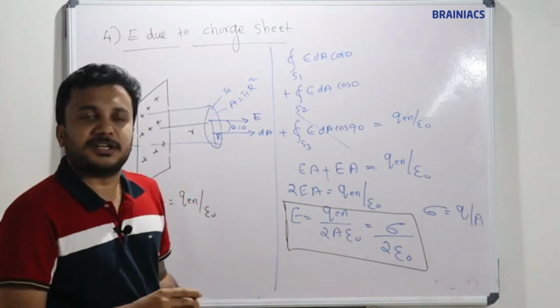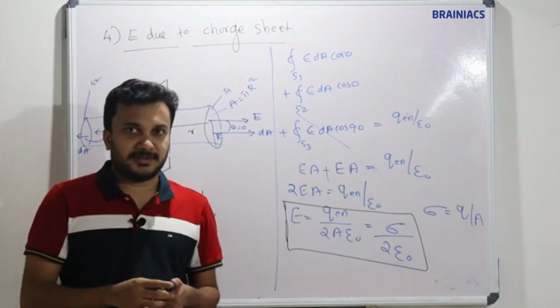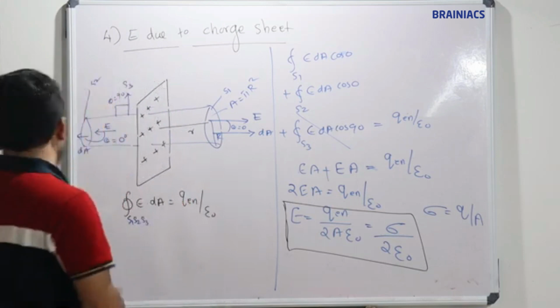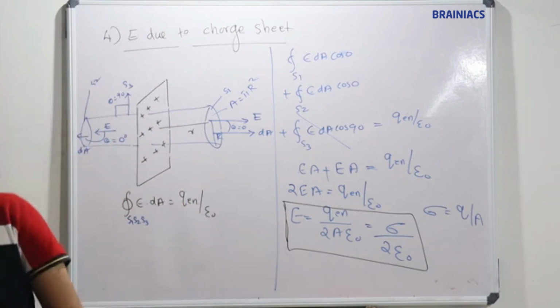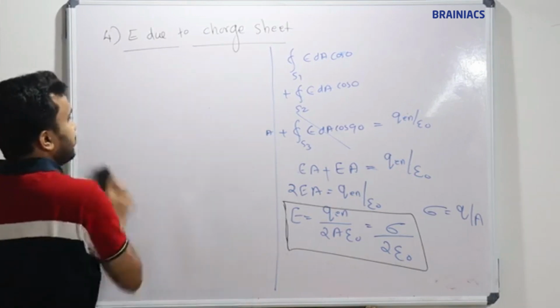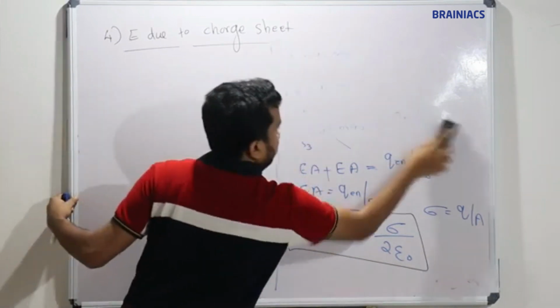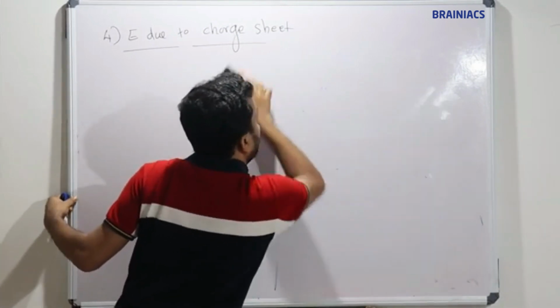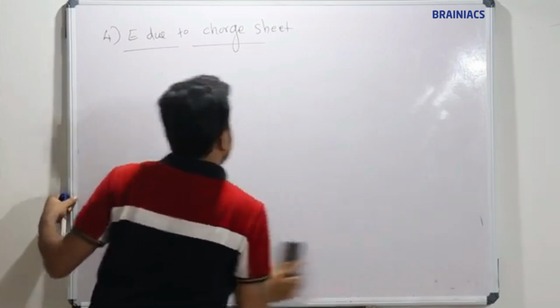I'll tell you how the questions come from this area. We'll take one example and see how the questions are formed. You can pause the video as usual and complete your notebook up to the sigma divided by 2 epsilon 0 formula.